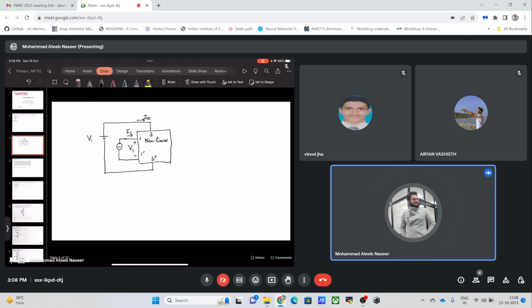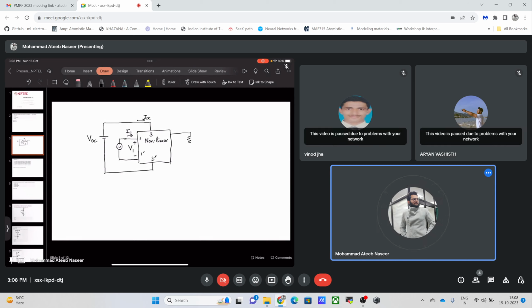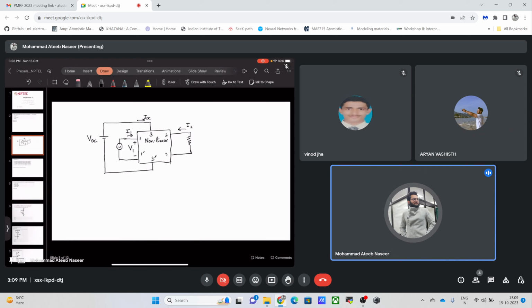So this is some VDC. Similarly, I will be having the output. This will be some load associated with this network, connected to the terminal 2 and 2 dash. Now this current I1 will be some function of this voltage V1, and if this is the output voltage V2, it would be a function of V2, and a function of this DC bias.